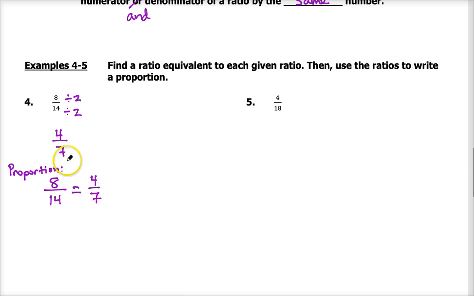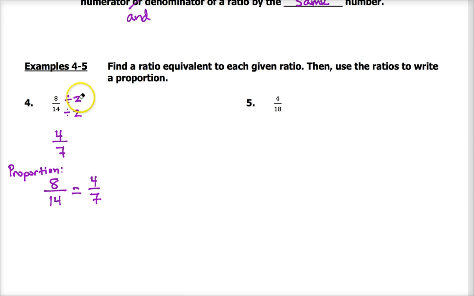So that's one example of a proportion for this problem. There's a lot of different other possibilities. Okay, for instance, instead of simplifying this ratio, I could have multiplied both the numerator and denominator by 2. And so when I do that, I get the ratio 16 to 28.